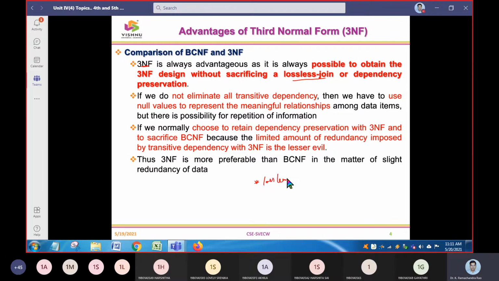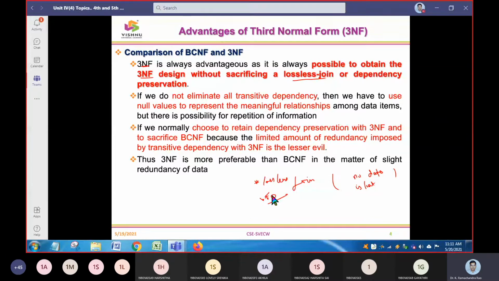Lossless join, that is, no data is lost. That was the highlighted content in third normal form. And transitive dependencies are going to be eliminated.